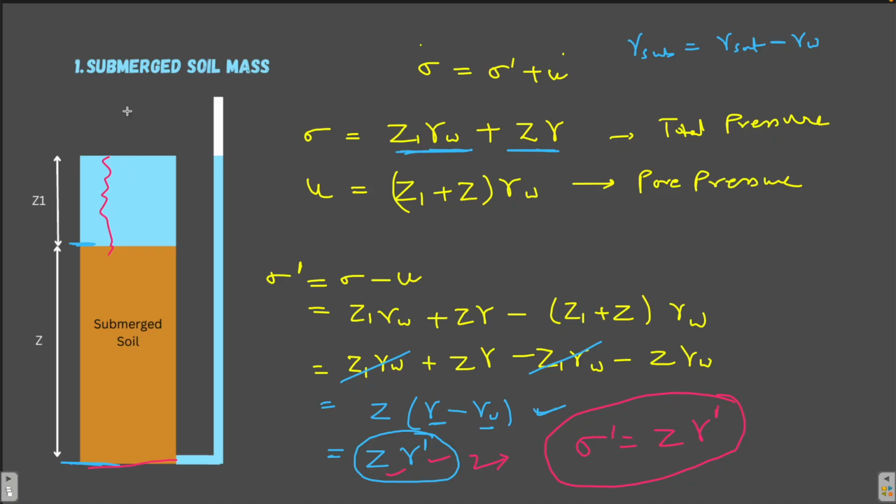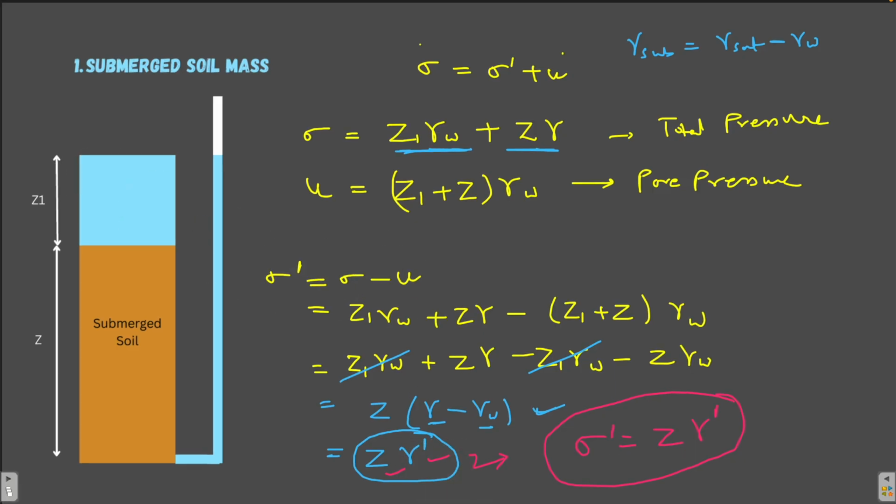Whether the water is at this level or this level or this level, it will not affect the effective stress in the soil, and that is a very important concept. So you can just note it down. Whenever the soil is in submerged condition, the effective stress is independent of the height of the water above the soil. And this is very important.